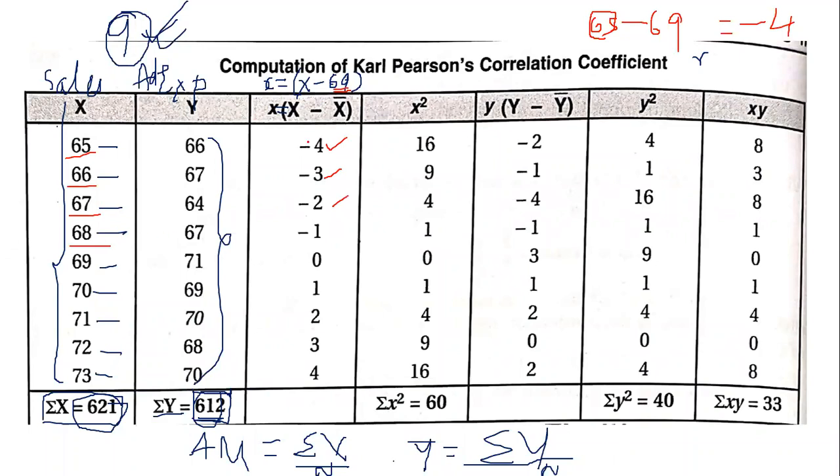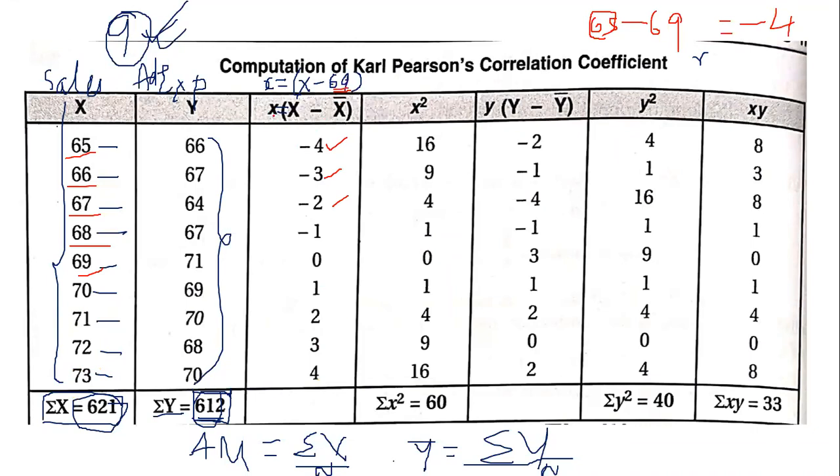Then 68 minus 69 is minus 1. 69 minus 69 is 0. 70 minus 69 is 1. 71 minus 69 is 2. 72 minus 69 is 3. 73 minus 69 is 4.